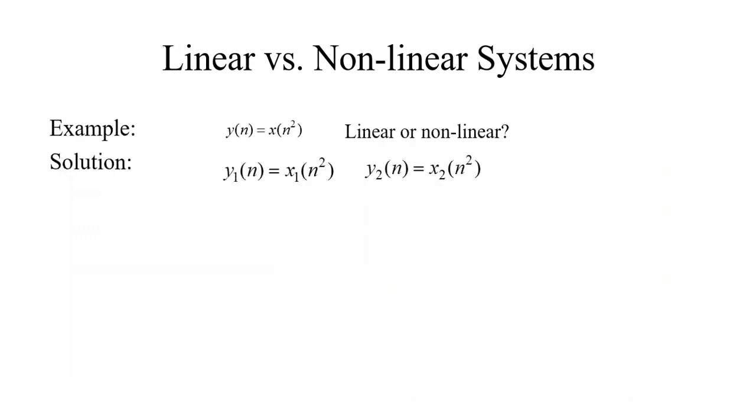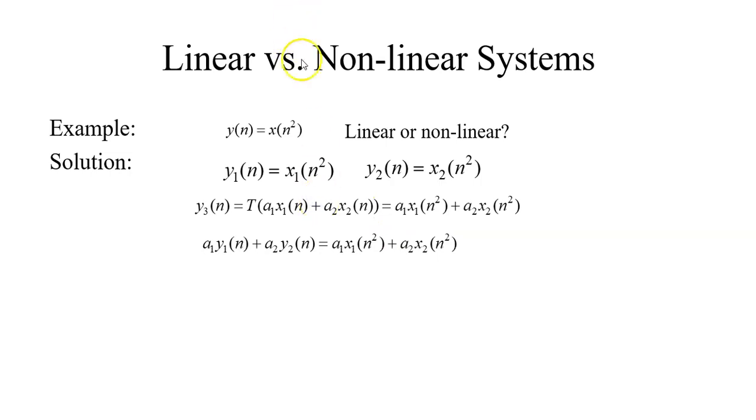Let's have an example. y of n equals x of n squared. Is this linear or non-linear? The solution: y1 of n equals x1 of n squared, and y2 of n equals x2 of n squared, which means we have two inputs. y3 is the transformation of the system for these two inputs.